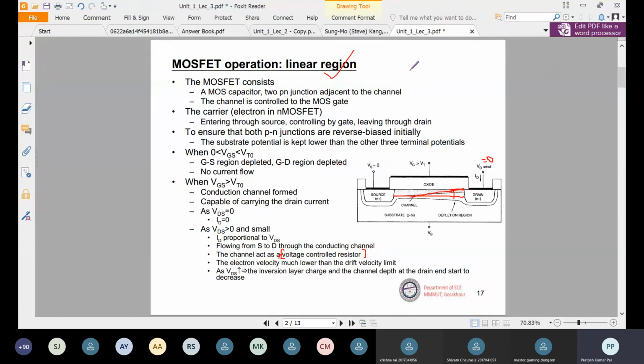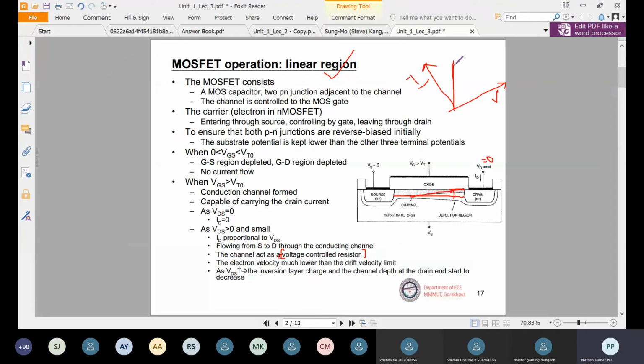Okay, so why is it called linear region? Because in the linear region the current will be plotted like this. Okay, so this is the current, this is the voltage. With respect to voltage, the current and voltage graph is linear, that's why it is called a linear region.